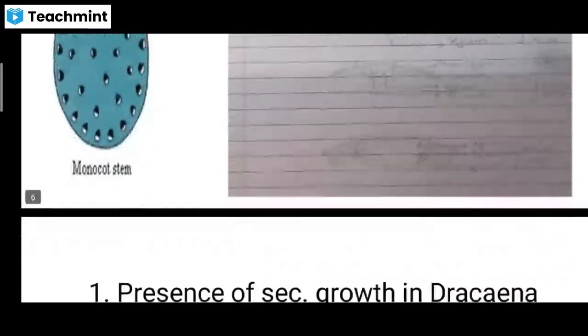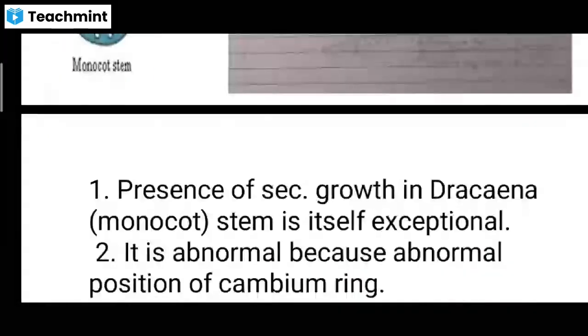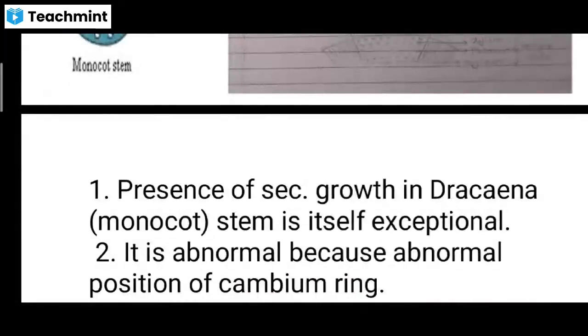After some time it adds xylem cells again. So the phloem is present at the center, with xylem cells on the two sides. In this way, anomalous secondary growth takes place in the Dracaena plant.